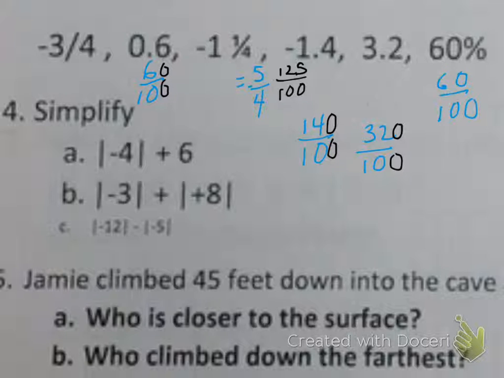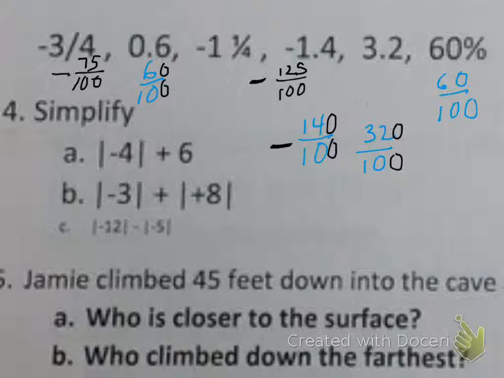So once we have gone through and done each of these, and we get negative 3/4 over 100, once again times 25, so we multiply the numerator times 25, and we get negative 75 over 100. So now we have all of these over 100, and this one is negative, this one's negative, and then of course our first one over here is going to be negative.